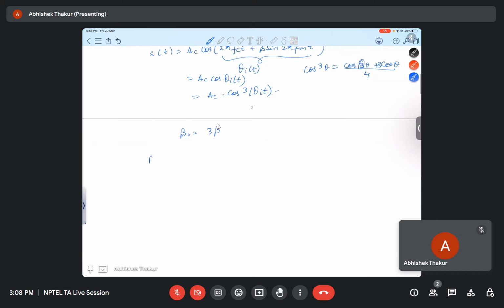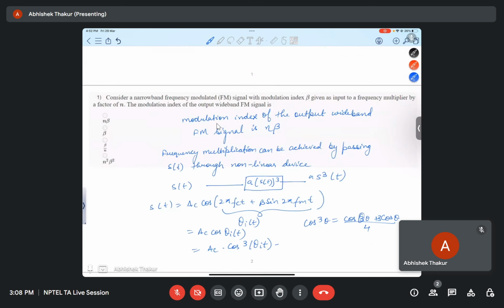So here the frequency of the frequency modulated signal at carrier frequency is equal to n into fc, so the modulation index is equal to n into beta. So in this question, the correct answer is option number 1.